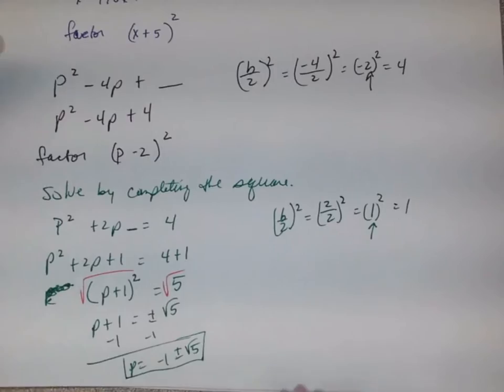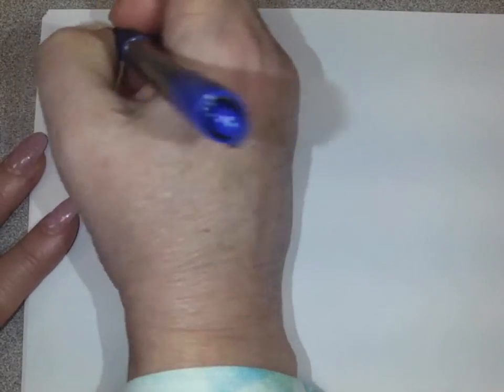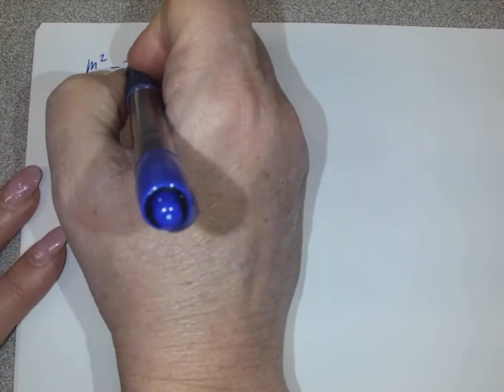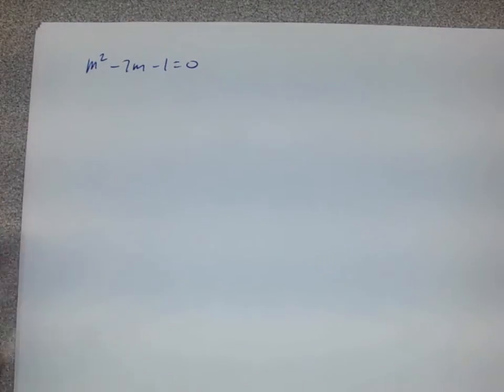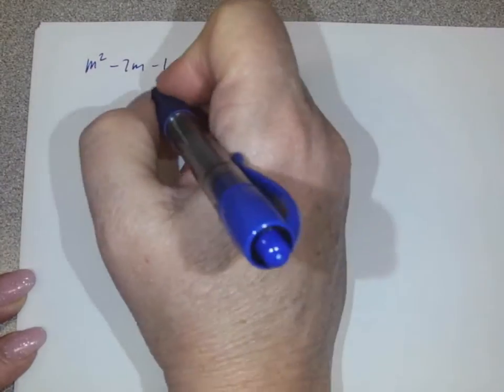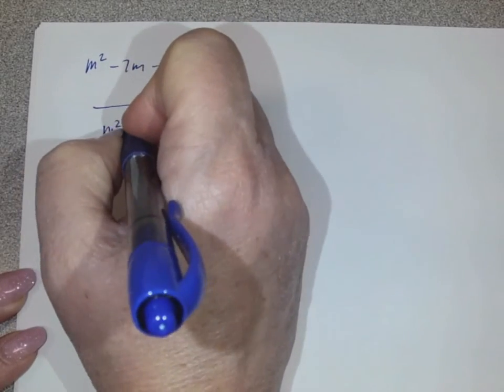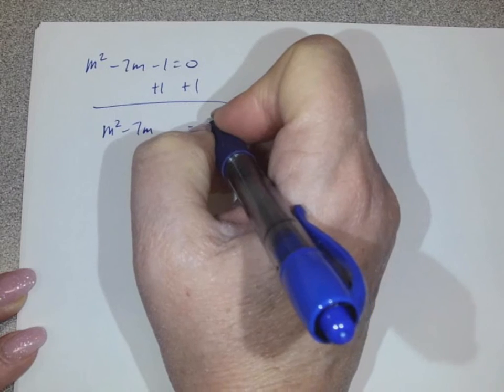So if we have m squared minus 7m minus 1 equals 0, the first thing we have to do is isolate our m's. So we're going to add the 1 to both sides and get m squared minus 7m is equal to 1. So again, we're looking at what we need to fill in that spot right there.